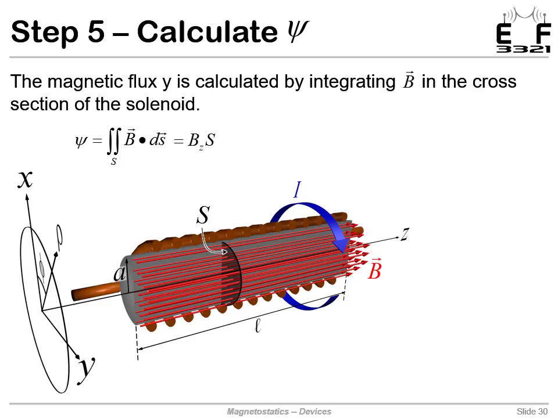When this happens, since B is only in the Z direction, the B comes to the outside, and our integral is just left with the integral of ds, which is just the surface area. So our flux is Bz times this cross-sectional area. Well, on the previous slide, we had an expression for our B field, and that was this. So we have this expression for B times S.